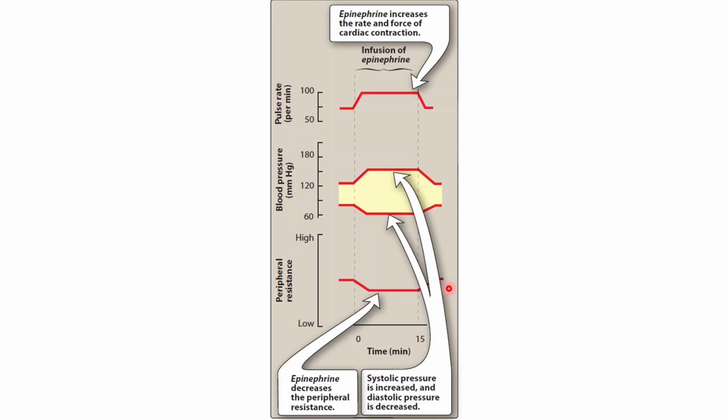The increase in the heart rate is due to the action on beta 1 receptors of the heart, and the decrease in the peripheral resistance is because of the stimulation of beta 2 receptors on the vascular smooth muscles.